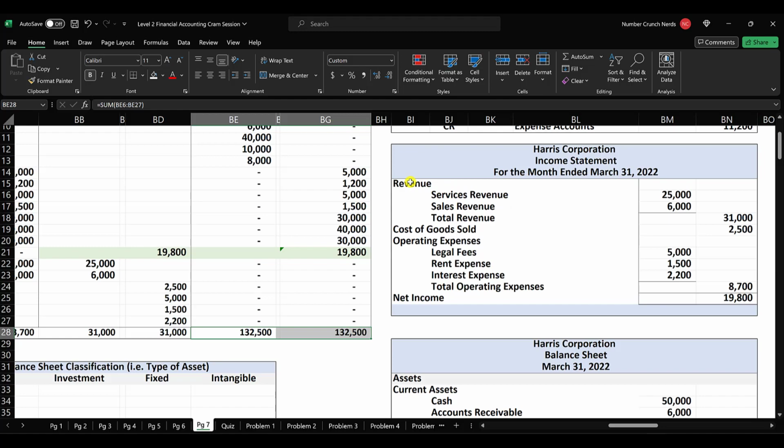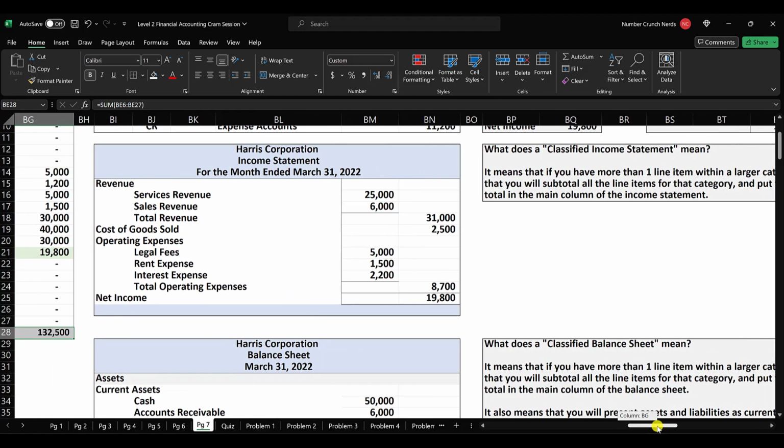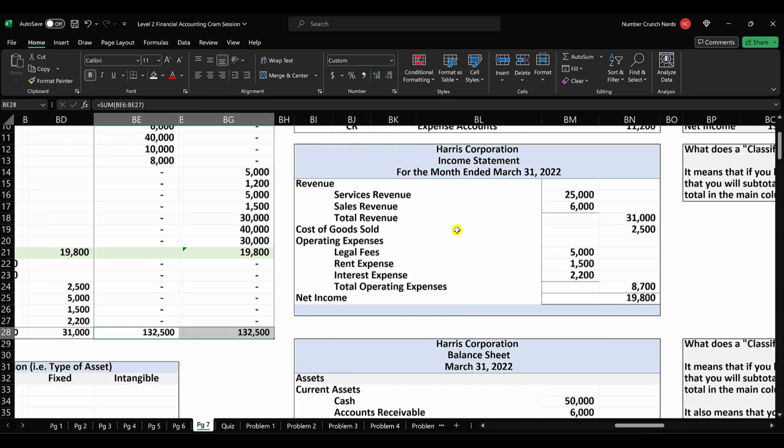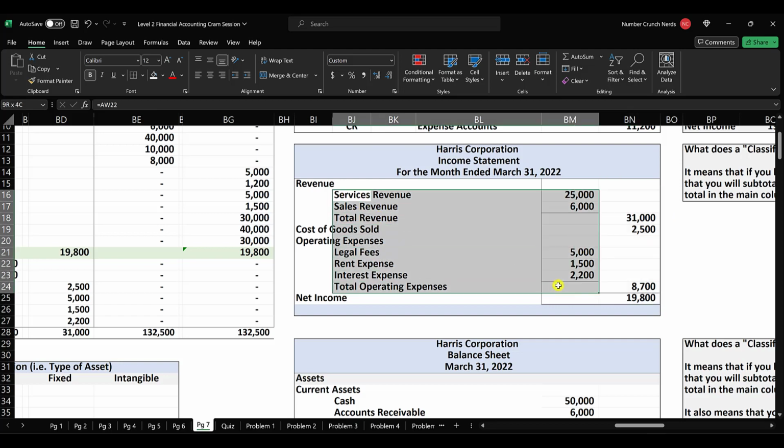If a classified income statement and balance sheet, it means you're going to use various categories. If you have more than one line item in any category, you subtotal it in the left column and stick the total in the main column or the right column so that financial statement users can see more detail.